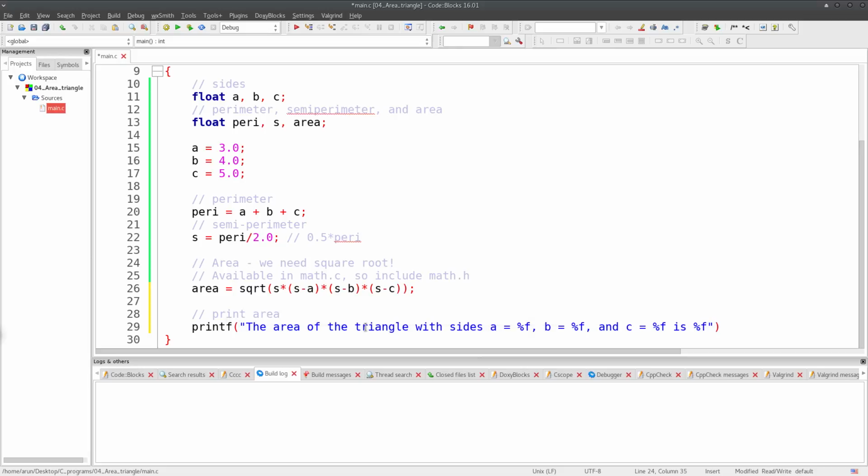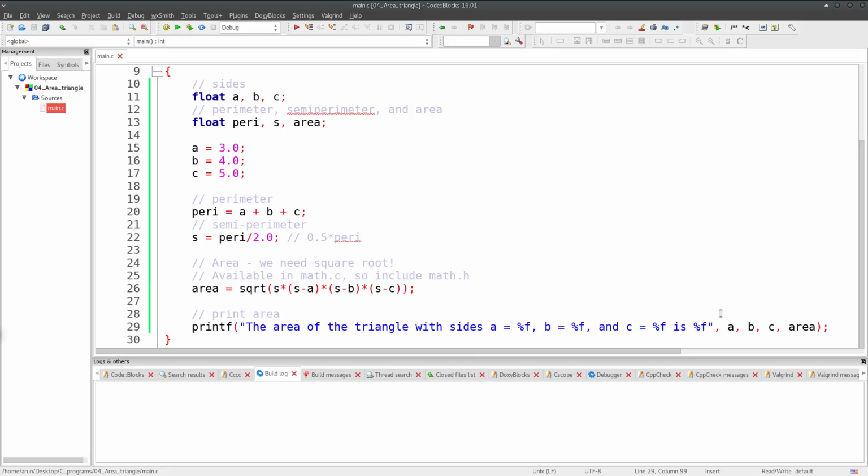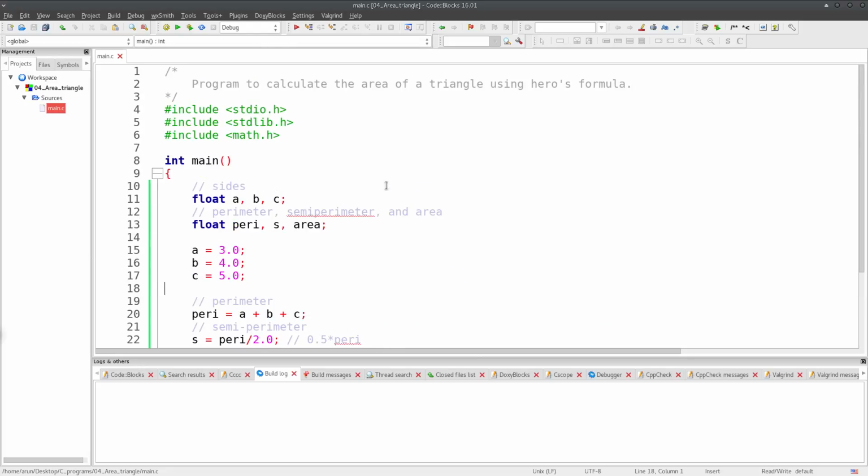So it's going to print the area of the triangle with sides a equals 3, b equals 4 and c equals 5 is area, which is actually 6 in this case. So let's pass in the corresponding values a, b, c and area. There we go. Now we're all done with this program.